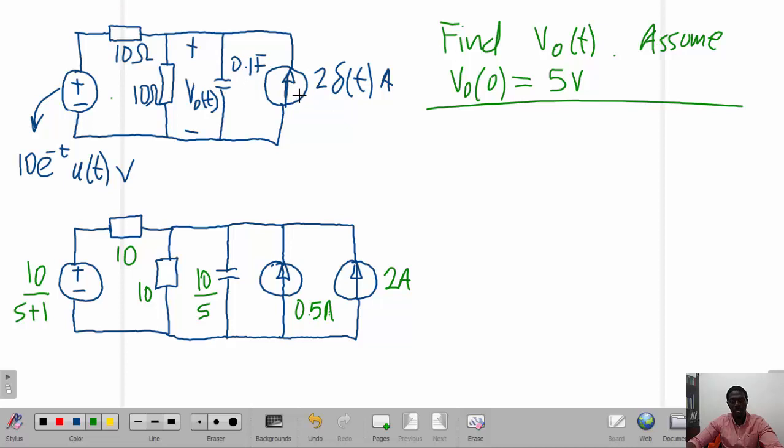And then we've got the current source value here, which is 2 delta t amps. And we've been asked to find V naught at t, which is this one.